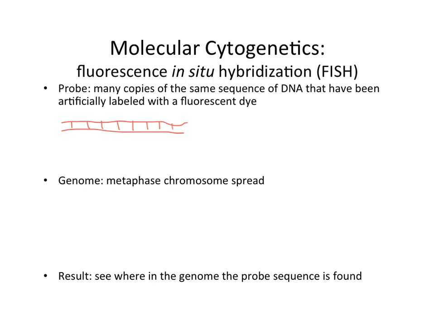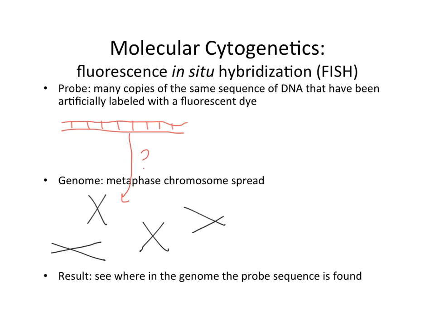Then we also need a genome, the chromosomes that we're interested in studying. So you need a metaphase chromosome spread. I'll just depict a pair of metacentric and a pair of submetacentric chromosomes, like so. And ultimately, the result of doing a FISH experiment is that you find out where in the genome this probe sequence exists.